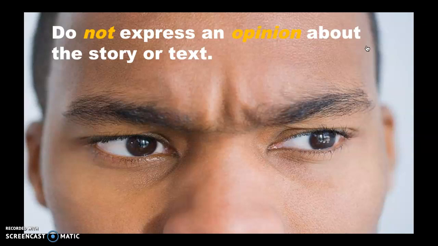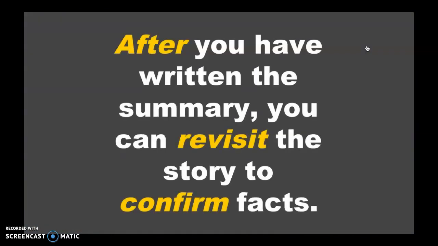A summary is not for you to tell people how you feel or if you agree or disagree. A summary is just a recap of what you read. So after you've written your summary, you can go back and revisit the story or text to confirm the facts or the things that you've pulled out of the story.